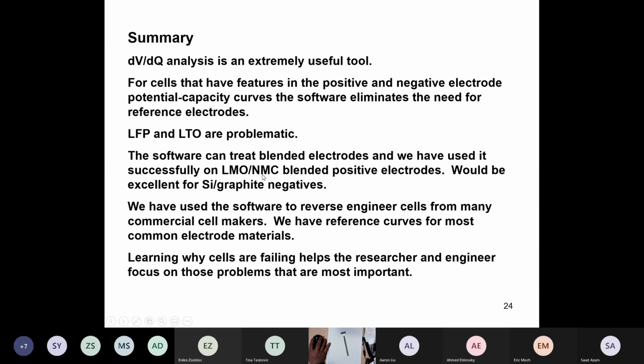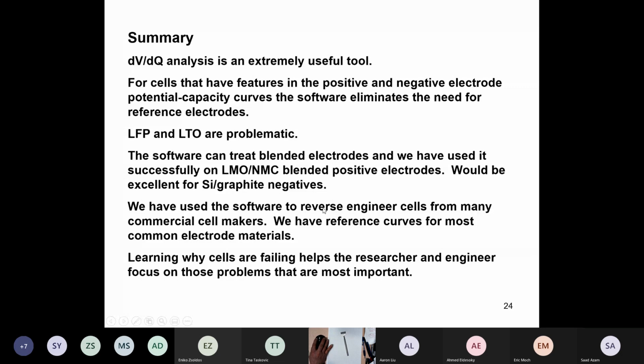And it will mix them together in some fraction, which you say, like 30% LMO and 70% NMC, and make a composite voltage curve, what the voltage curve of the two would look like, and use that as the reference curve. And Alex Luley has used the program on blended negatives of silicon and graphite before. So it can do blended electrodes, it's kind of nice.